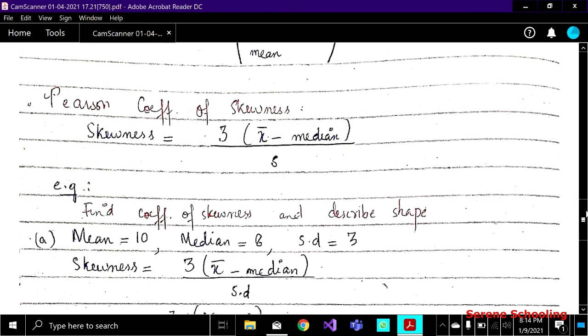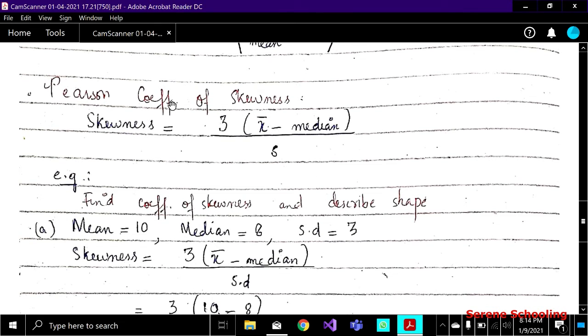Okay, so next we have the Pearson coefficient of skewness. Skewness means the distribution of the graph, where it is more aligned: whether the graph is normal or symmetric, positively skewed, or like this. So instead of just guessing from the graph whether it is right skewed or symmetric, we can also determine it from the formula.